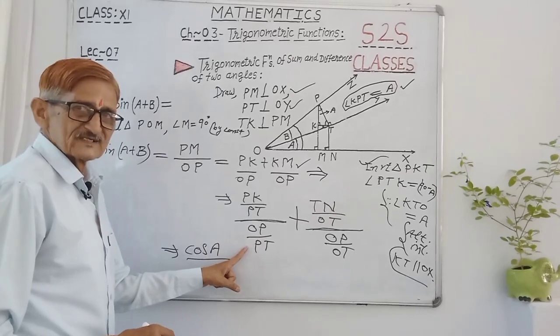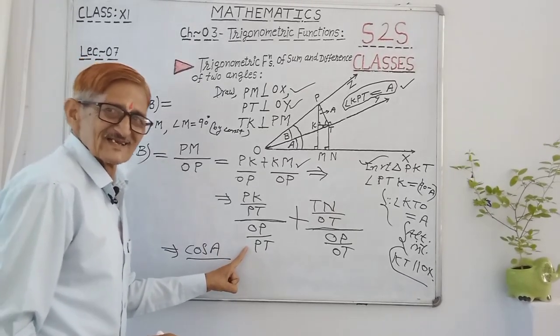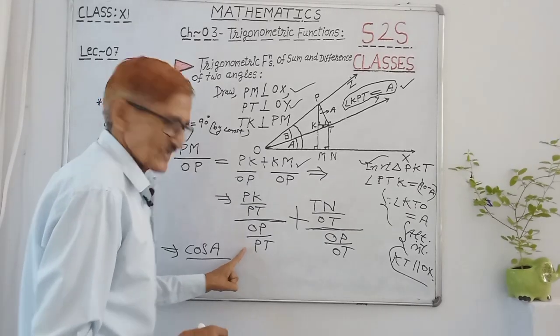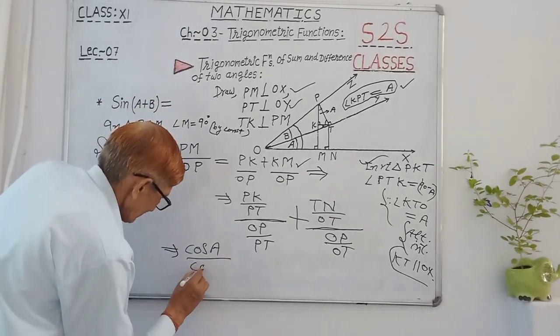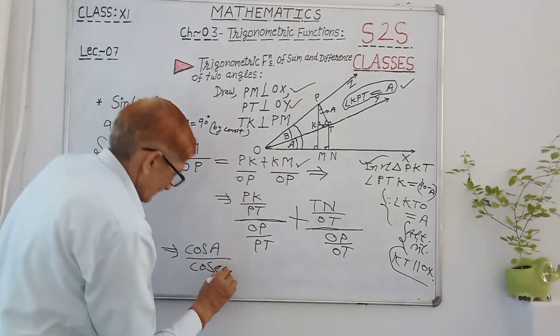Hypotenuse upon opposite, which trigonometric ratio? That is the reciprocal of sine, meaning cosec. So this is cosec of angle B.